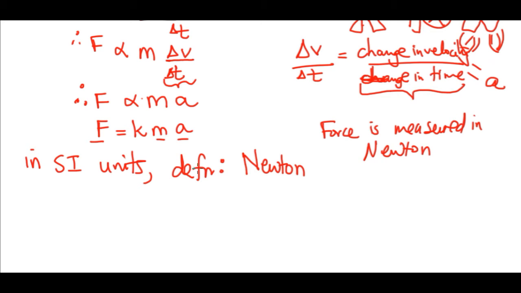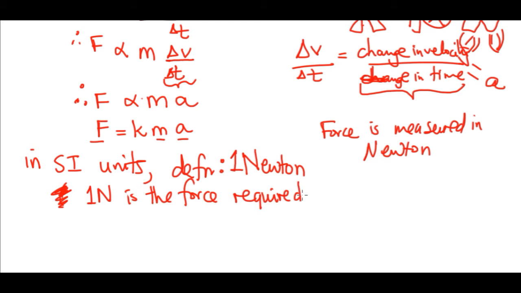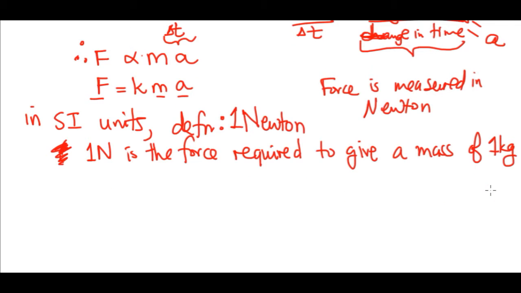So in SI units, 1 Newton, written as 1N, is defined as the force required to give a mass of 1 kg an acceleration of 1 meter per second squared.